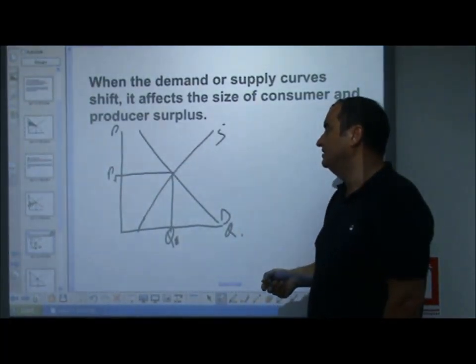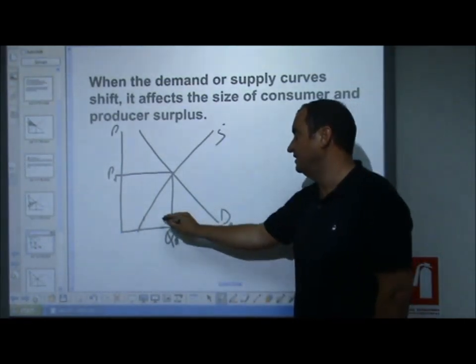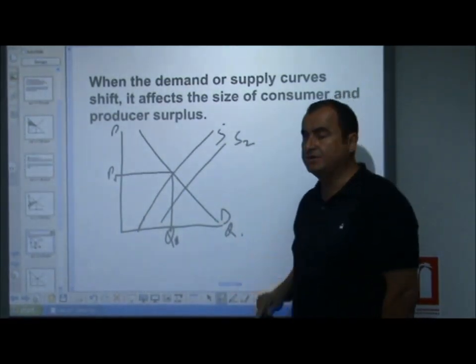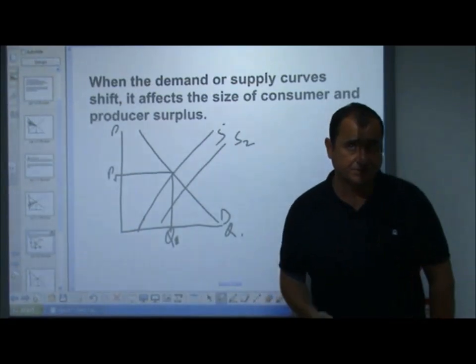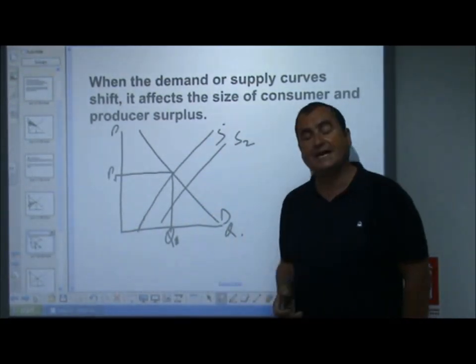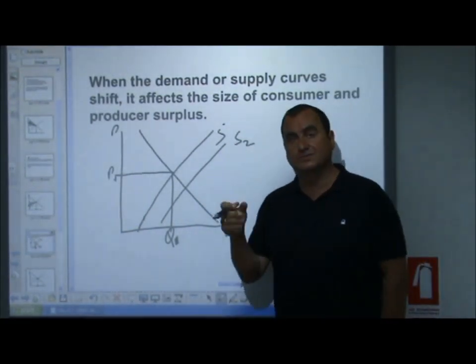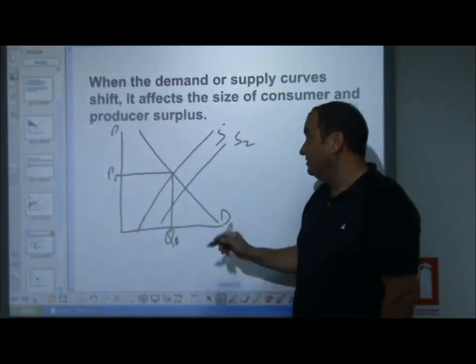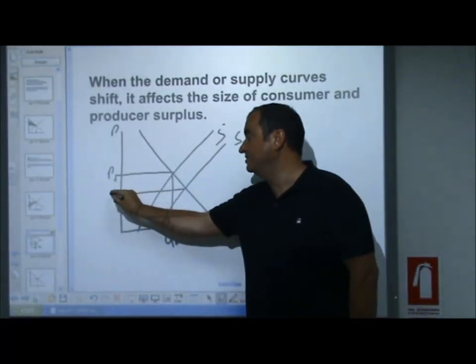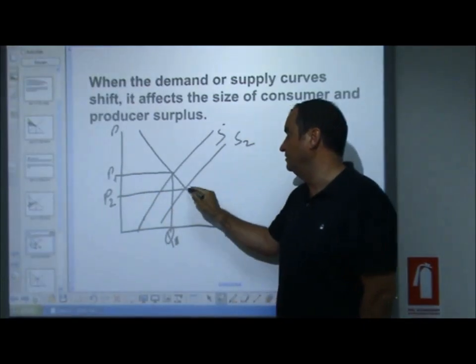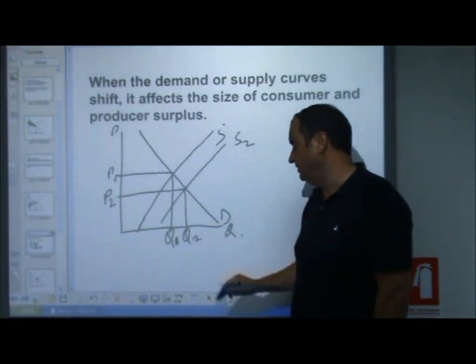Now let's imagine that there is a rise in supply. Maybe the costs of production fell, maybe labour costs fell, maybe a tax that the government was charging was scrapped. Now there's a new equilibrium point, and there's a new price, P2, and a new quantity, Q2.